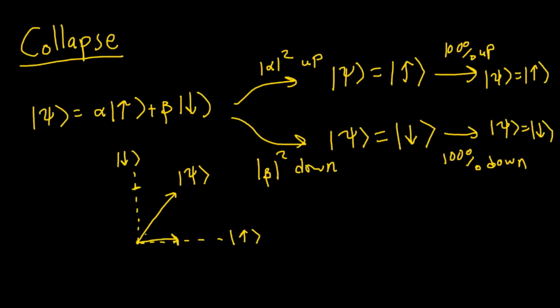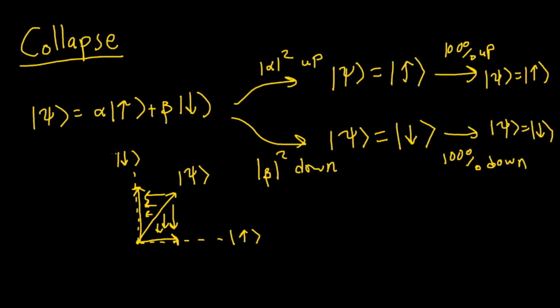And the idea is that after the measurement is performed, the vector psi will either collapse onto its component along the spin up direction if it's measured to be spin up, or it will collapse onto the spin down vector. Maybe you can think of it like a piece of furniture or a folding chair collapsing. So that's why it's called collapse.